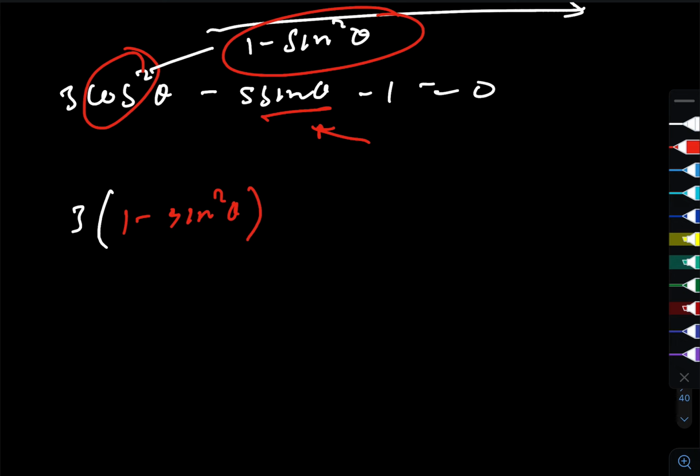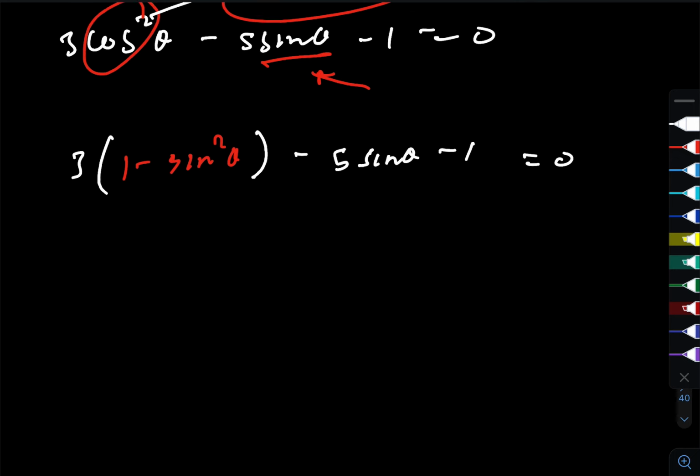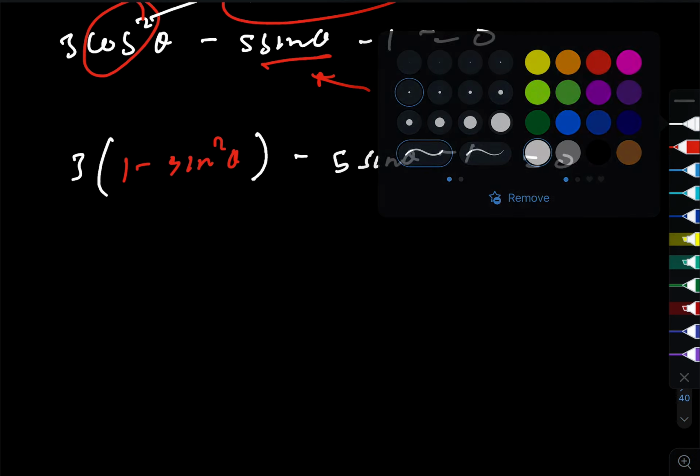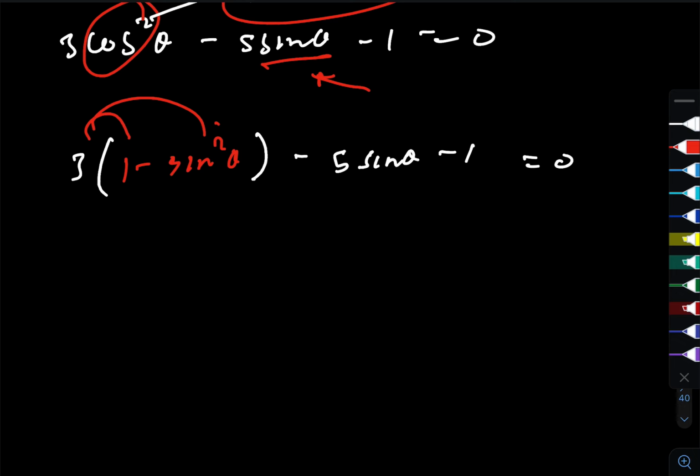And then I'm going to close those brackets. And then minus 5 sine theta minus 1 equals 0. All I need to do is to multiply the 3 inside the brackets, or distribute the 3. Now if I do that, this is going to be 3 minus 3 sine squared theta minus 5 sine theta minus 1 equals 0.